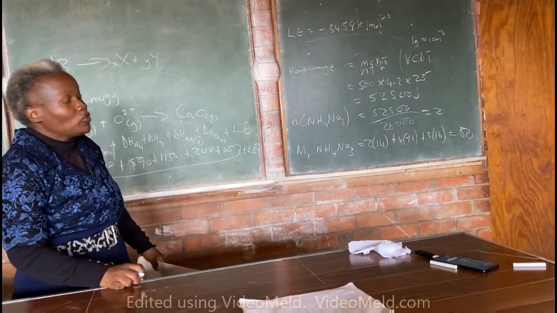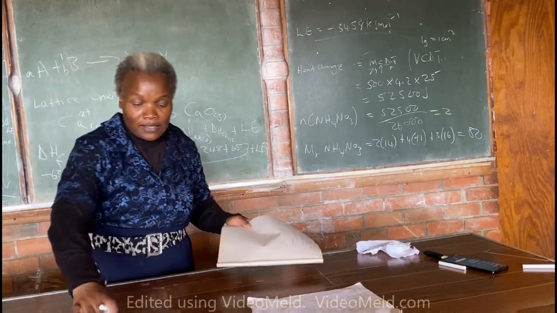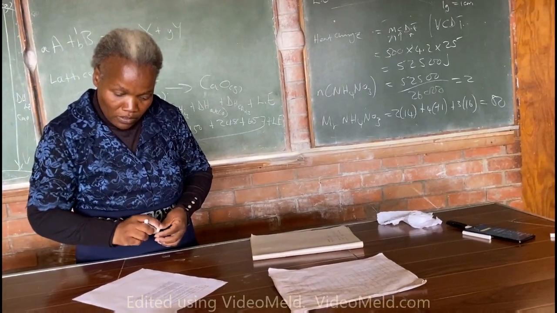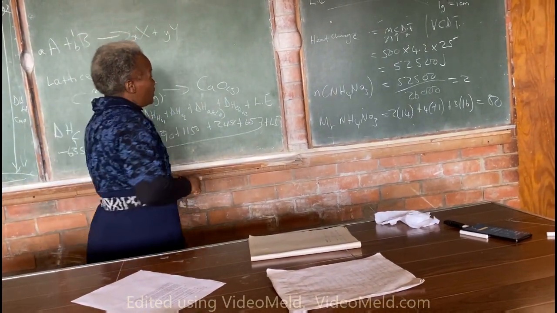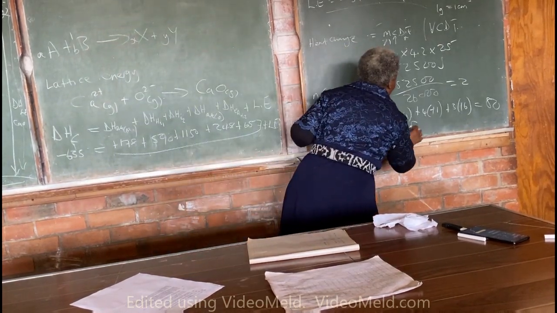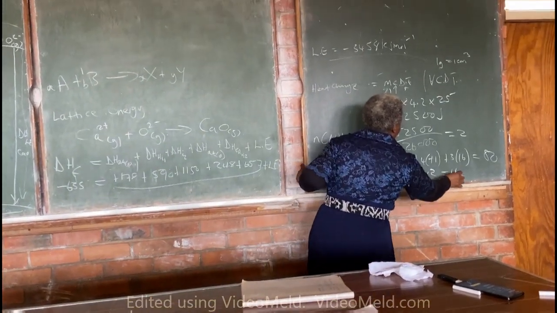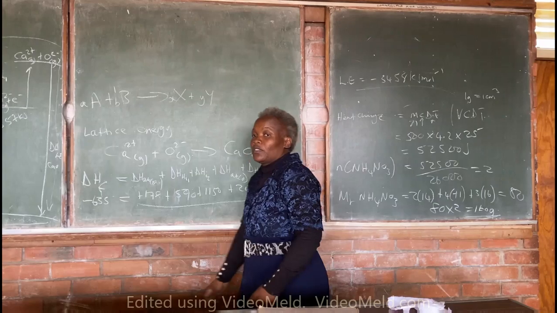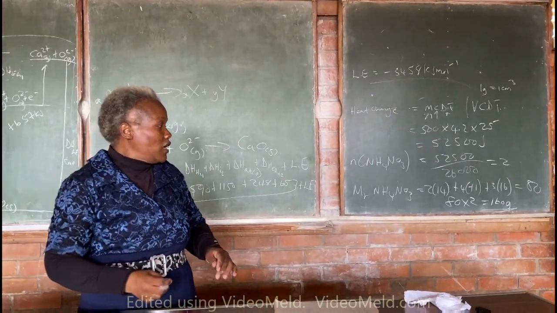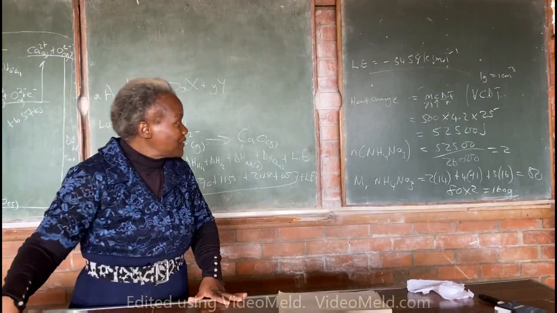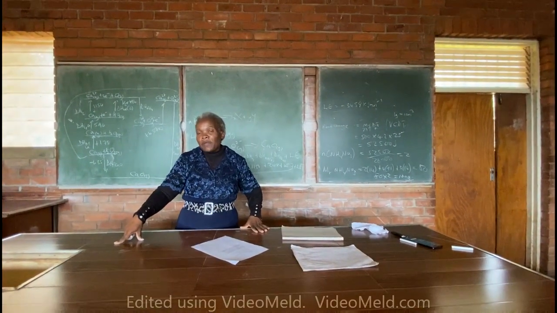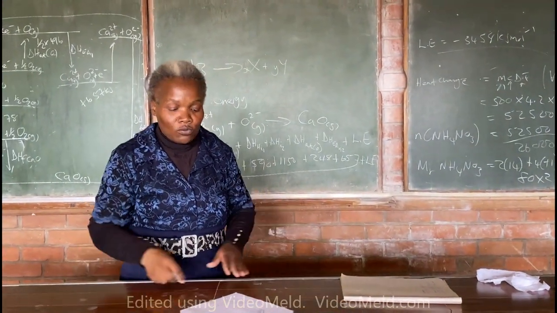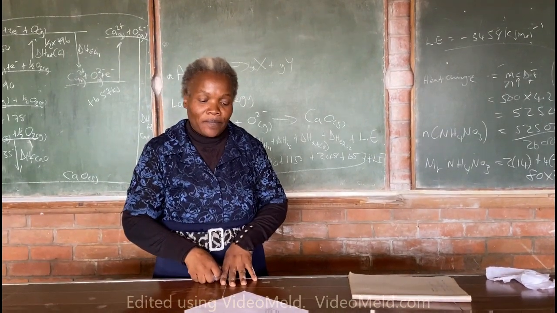But in this reaction I'm using 2 moles, hence the mass of ammonium nitrate required is 80 times 2, and this is equal to 160 grams. So if you dissolve 160 grams of ammonium nitrate in 500 cubic centimeters of water, we expect a decrease in temperature of 25 degrees Celsius. Basically, that is what this statement is saying.